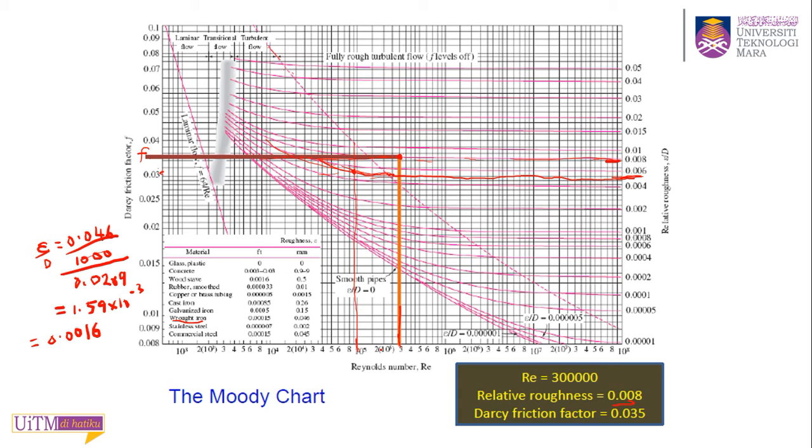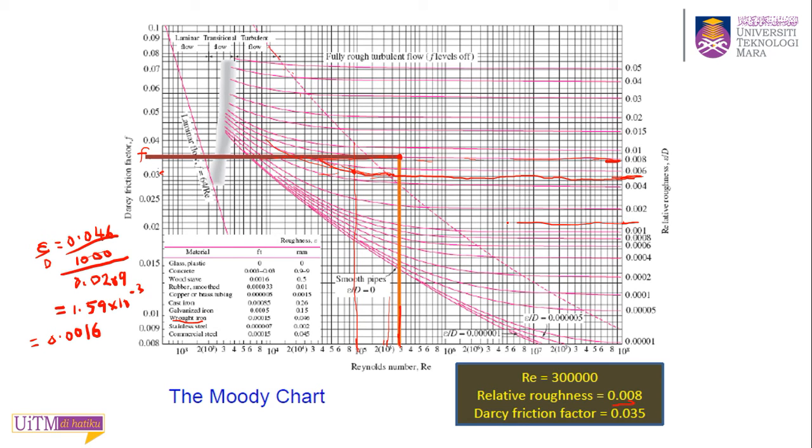Reynolds number 2.2 is in the middle here, draw a straight line upward, and your 0.0016 is between 0.0015 and 0.002. So this is your 0.0016.